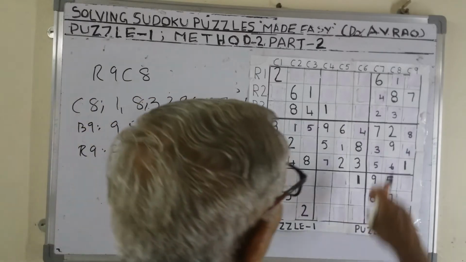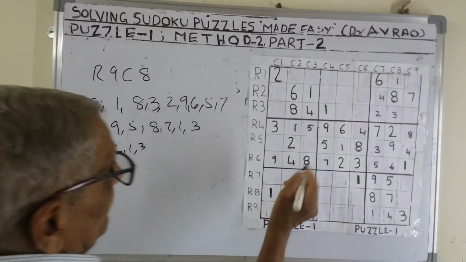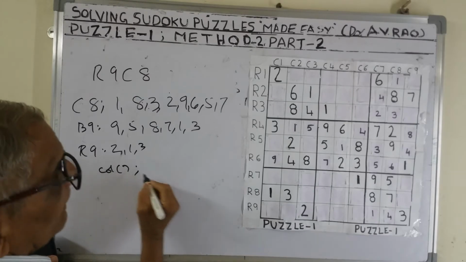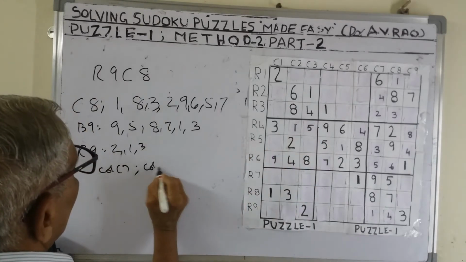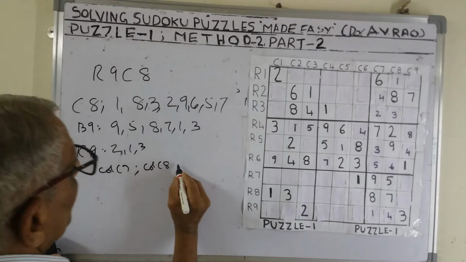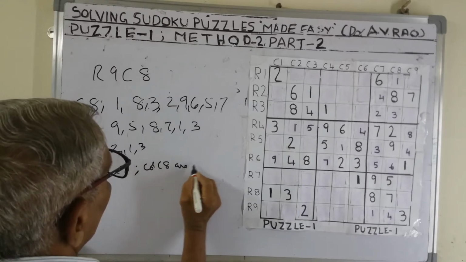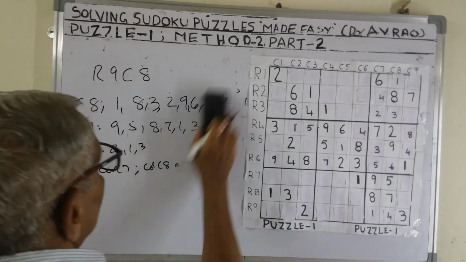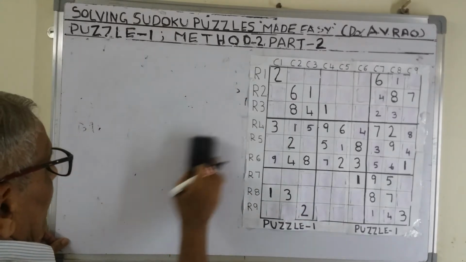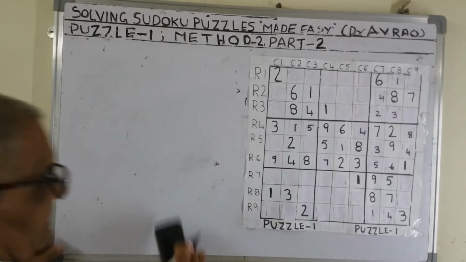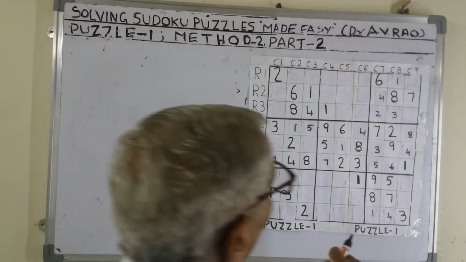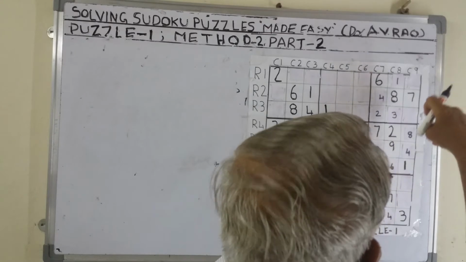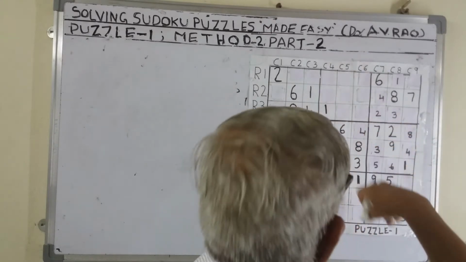Friends, now this column C7 is completed. Column C7, column C8 are completed. Now let us see where maximum numbers have been filled up. Okay, this is 9.